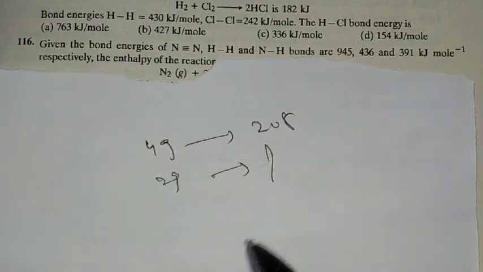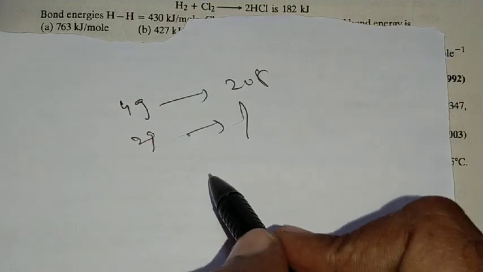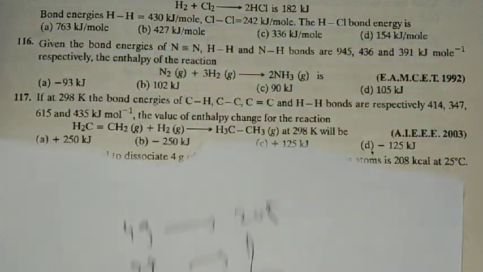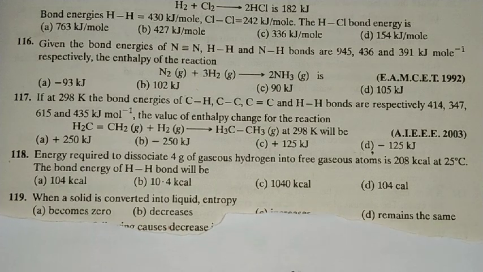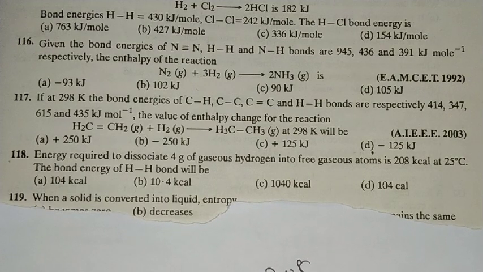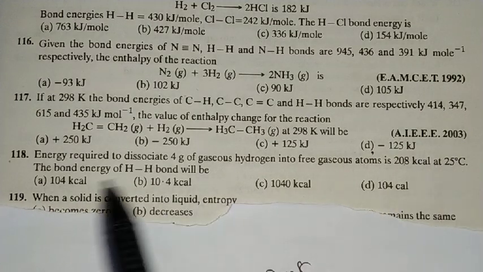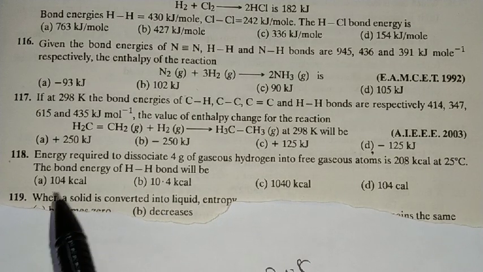So 2 grams how much? If you do the cross multiplication, you get 104 kilocalories. Very simple. Is it clear? 104 kilocalories, because 208 kilocalories is given for 4 grams and this is 104 kilocalories.